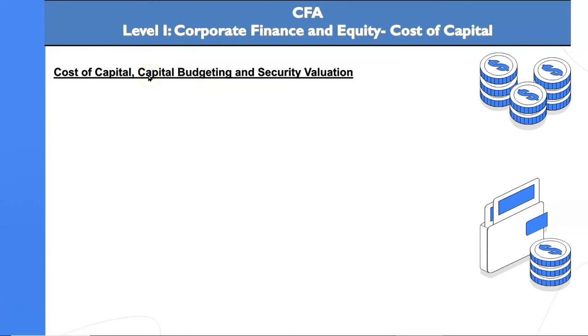This is why I keep saying that one of the finance manager's roles is to minimize the cost of capital by the many tools available to the finance manager or the CFO. Then we look into the cost of capital in relation to security valuation.